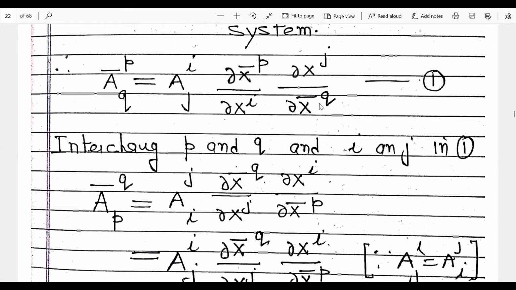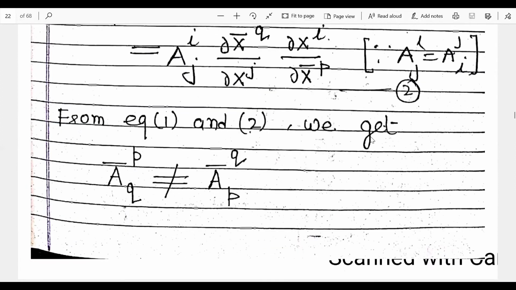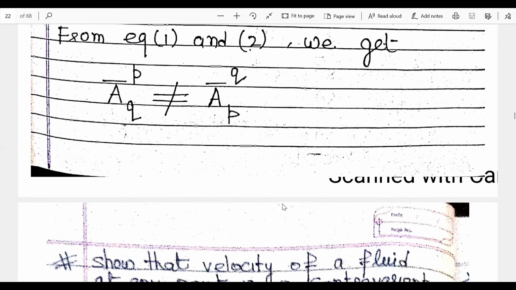These are different in equations 1 and 2, which means 1 and 2 are not equal. If not equal, then A bar pq is not equal to A bar qp. So the symmetry is not satisfied, and this result is not applicable to mixed tensors.